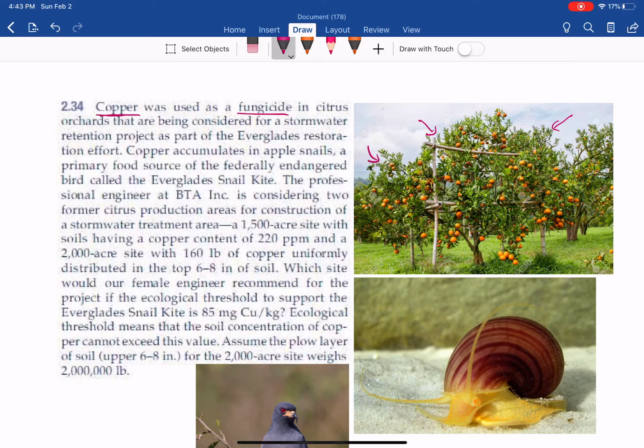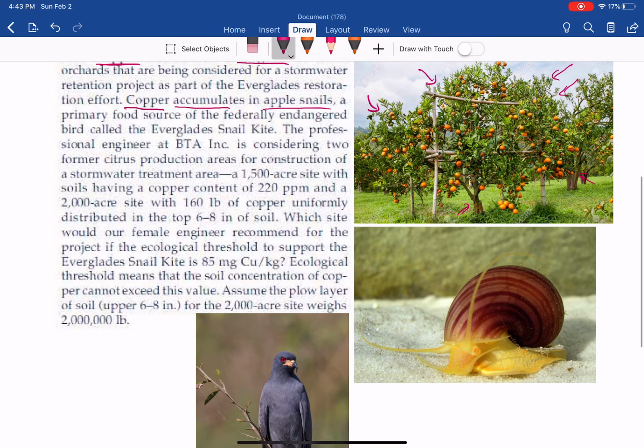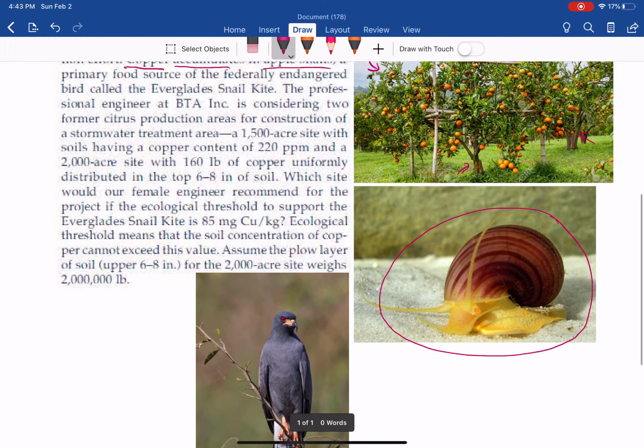The only problem is that when they add these chemicals to kill insects and to produce more fruit in the future, copper accumulates in apple snails. These are the apple snails. I have this sketch. Apple snails are a primary food source for an endangered bird called the Everglades snail kite.